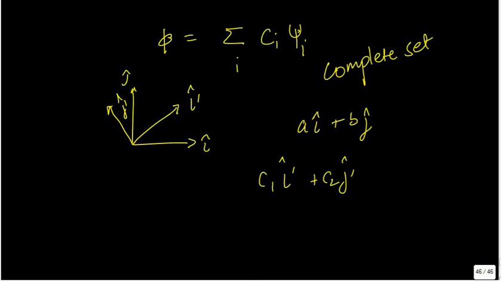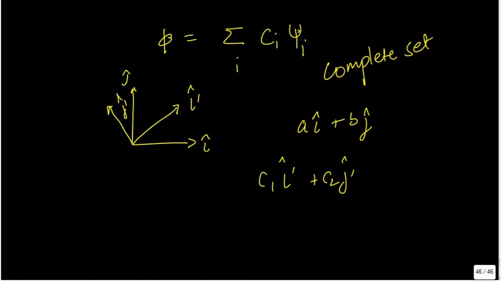Now coming back to the problem of commutation over there. When I apply the Hamiltonian on psi 1, I get back E1.